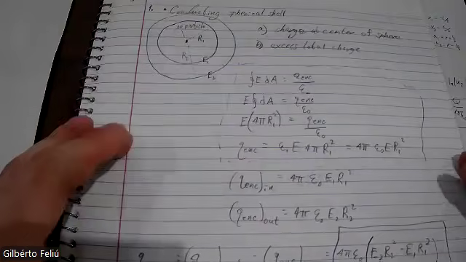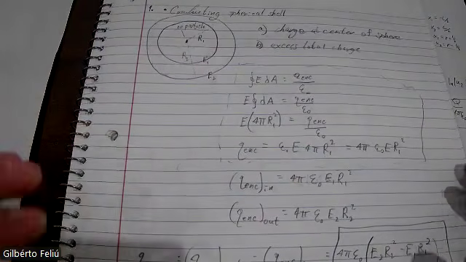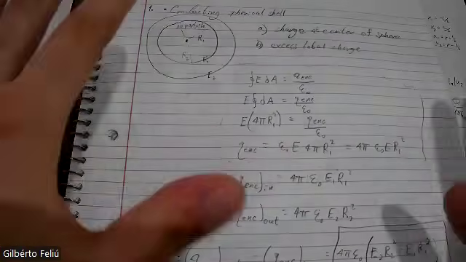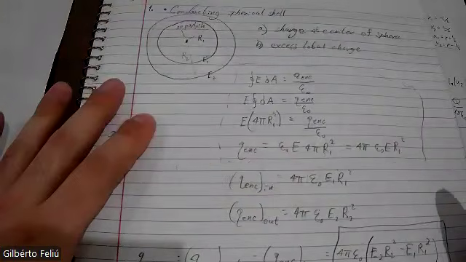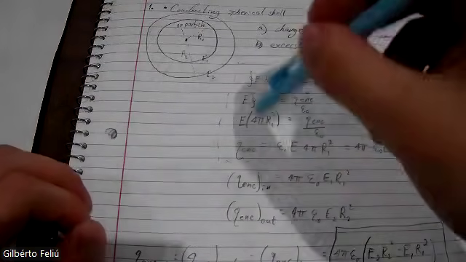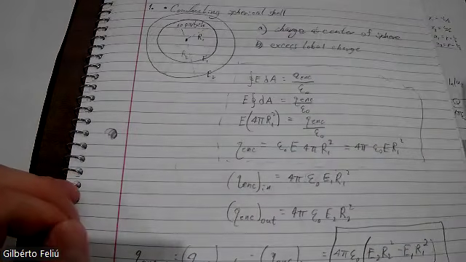I expect one of the problems will really be a Gaussian problem, and this is it. Were you here whenever I went through this process? If not, I can go through it again.